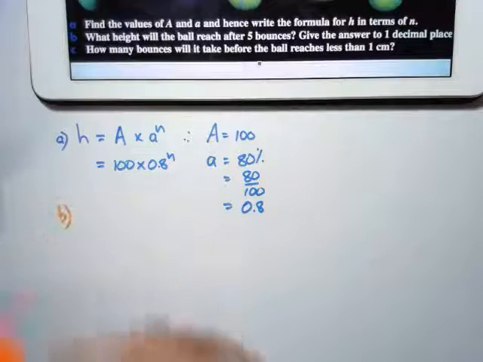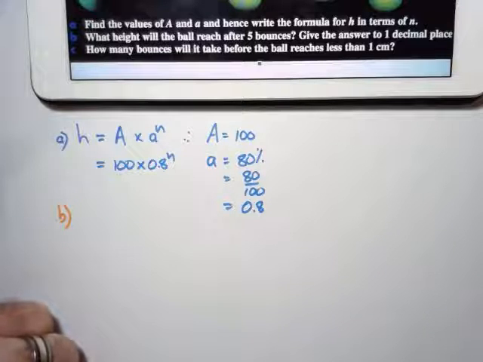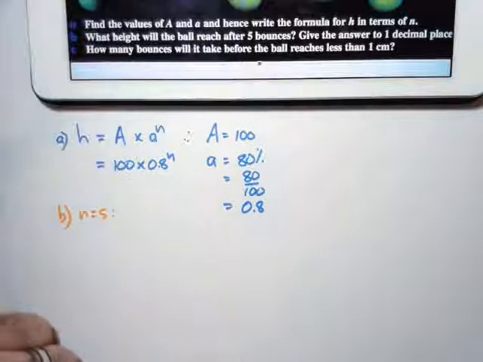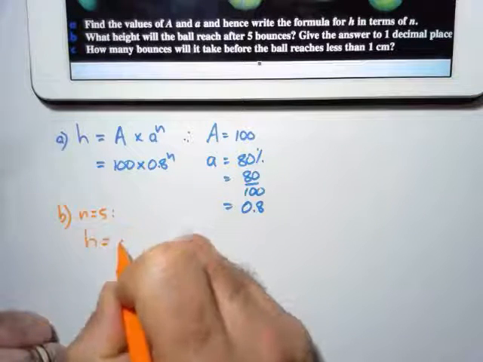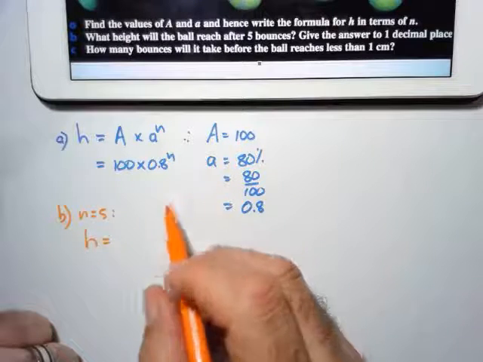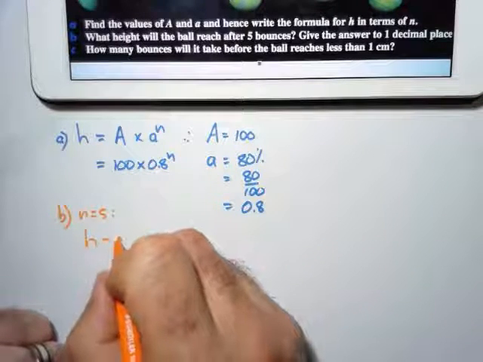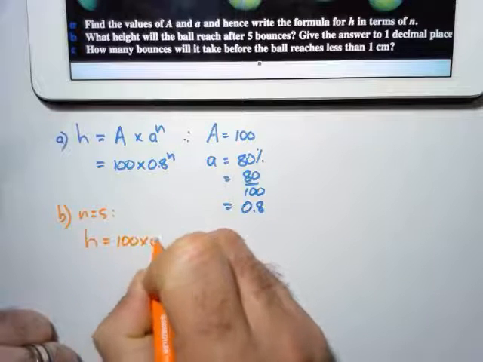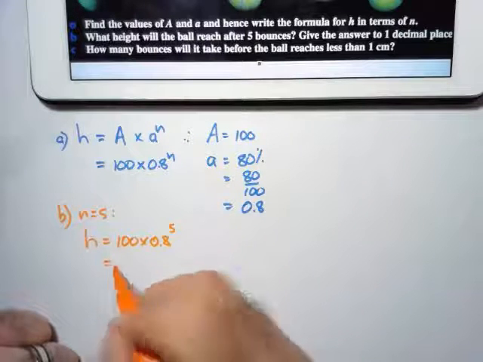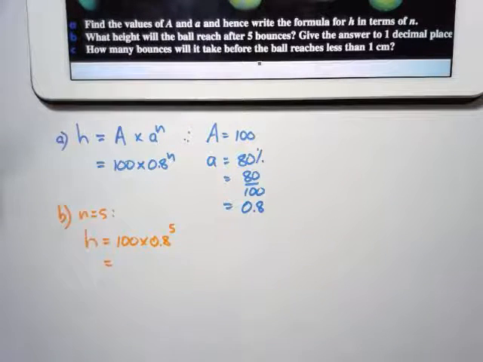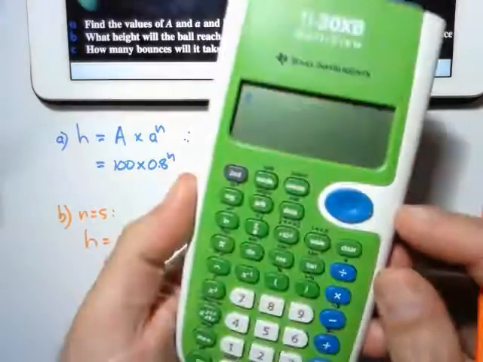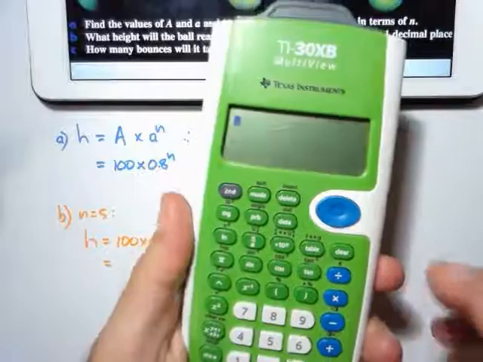Let's look at B. What height will the ball reach after 5 bounces? So if n equals 5, what happens? We want to know what H is if n is 5, so I'm just going to substitute 5 in my formula. So H equals 100 times 0.8 to the power 5. Unless you are as smart as I am, you can't do that in your head, so you use a calculator.